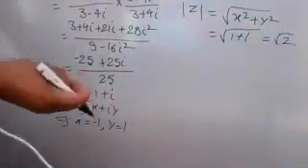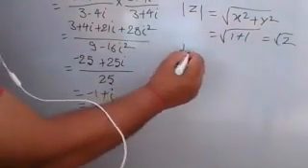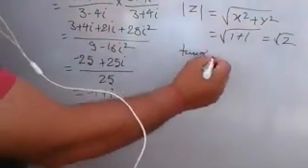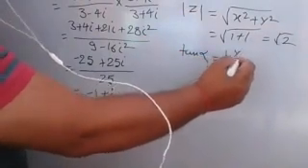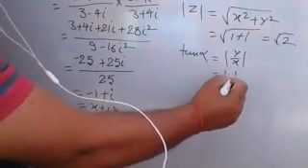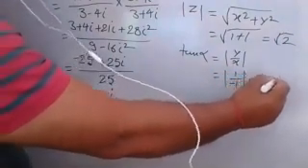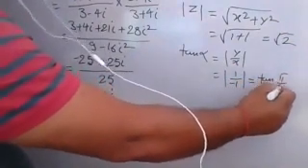So root 2 is the value of the modulus. And for the argument, first you write tan alpha equal to mod of y upon x, which is mod of 1 upon minus 1. So that is equal to tan pi by 4.